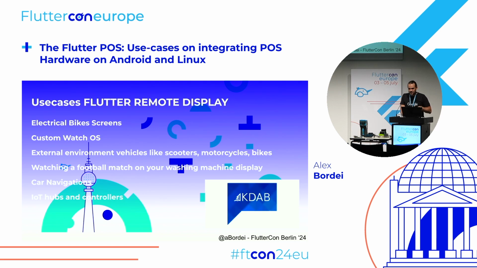But with this solution that comes for ESP32, you can just connect to your bike with your phone, and then your phone silently, hiddenly, will stream the UI to the bike or to the scooter, or also you can watch a football match on your washing machine if you want.